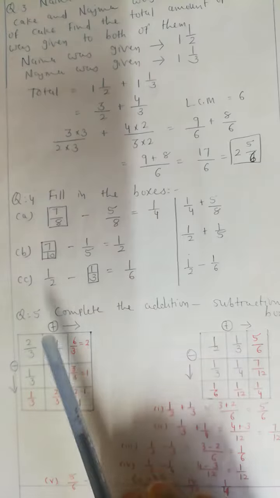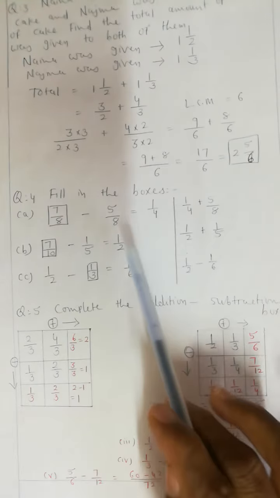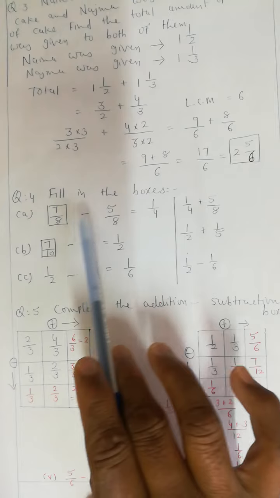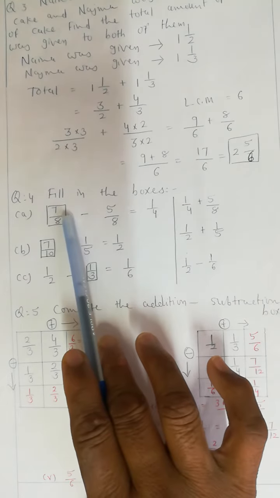Now, here second number is 7 upon 10 minus 1 upon 5. Here the answer will be 7 upon 10 because when you subtract the number, look, here you can apply this method. 7 upon 8 minus 5 upon 8 equals 1 upon 4. Here the box is given.